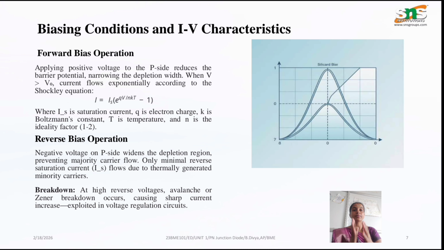In the VI characteristics, in forward bias, as the voltage increases, the current also increases. In reverse bias, the current remains very small due to the depletion region and electron-hole recombination.